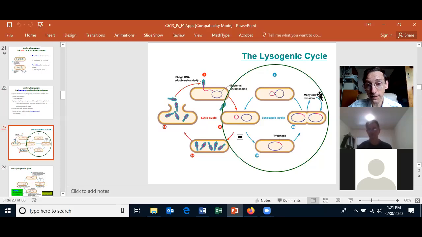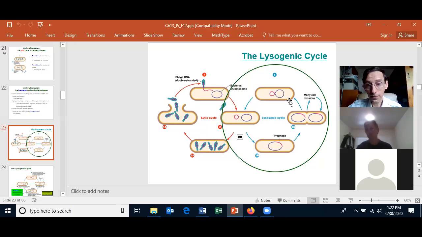And that can go on for many cell divisions. Eventually, though, the prophage can exit the host chromosome, and then enter the lytic life cycle.